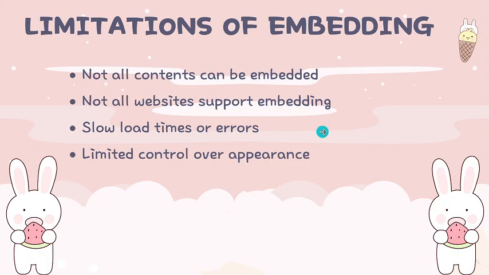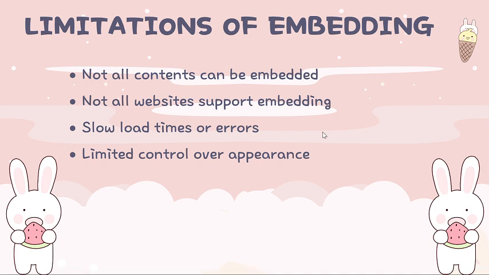Next thing we have is limitations of embedding. So one thing with embedding is that not all content can be embedded. So you have to be very sure of the content you want to embed and check if it actually has this embed stuff that YouTube has.